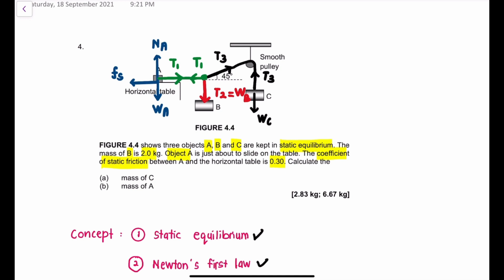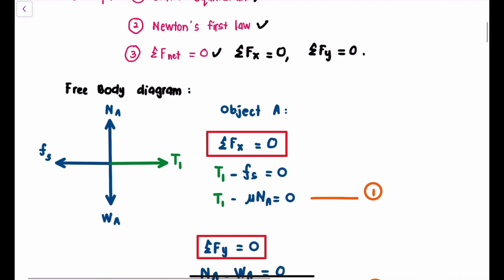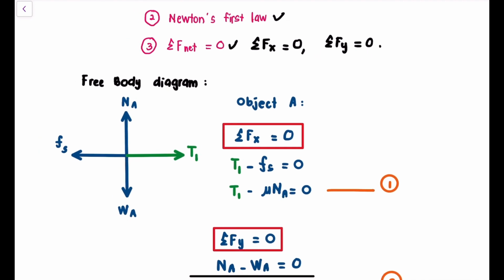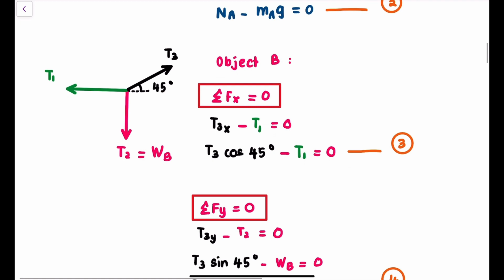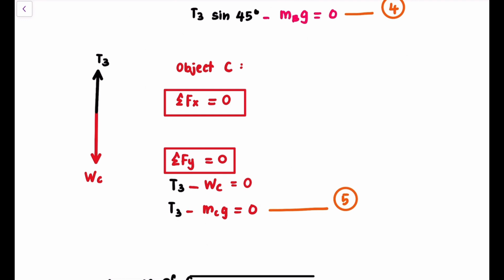Then, if you want to transfer into X and Y axis, this is referred to free body diagram object A. So this is the Fs, WA, first tension and normal for the object A. Then for the object B, this is T1, T3 at certain angle, and then this is T2, the magnitude equal to the weight of object B. And the third free body diagram for object C, so this is T3, this is the weight of object C.